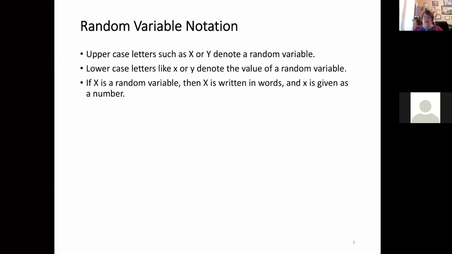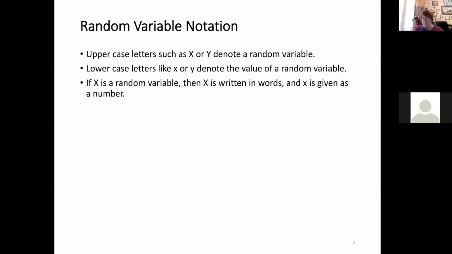Okay? So when we talk about random variables, we typically use capital X and capital Y. So when you see a capital X or Y, that's a description of the outcomes of your experiment. Lowercase letters like x and y are the values that your random variable can take on.